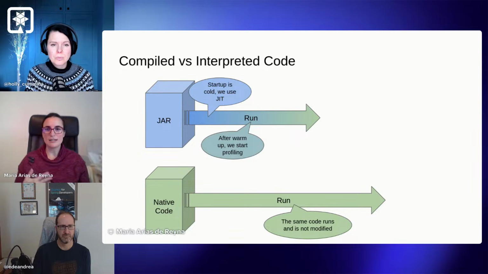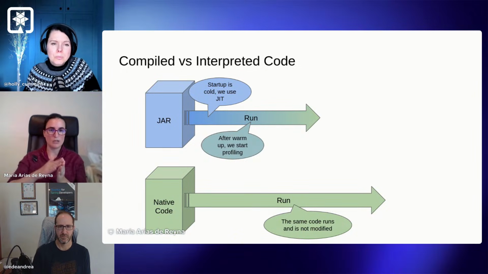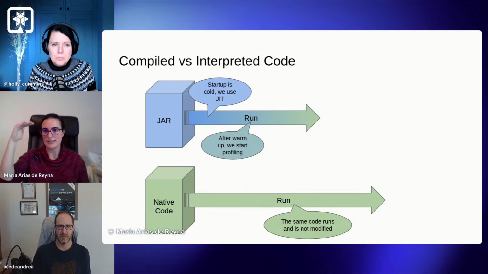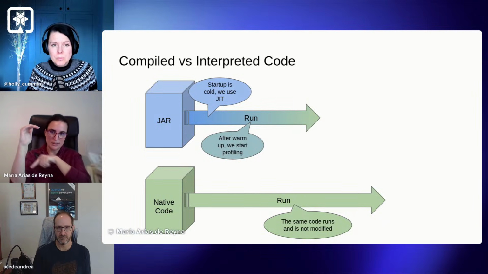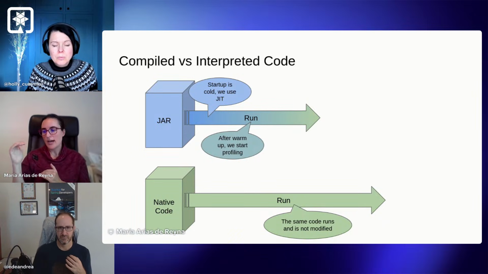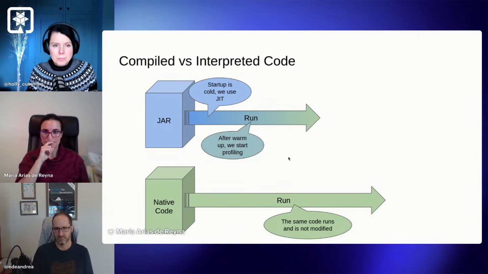It also gathers statistics on how the code is running, not only how many times. For example, if you have different branches of code, like a switch or if-else, it checks how many times you enter the first, second, third, or fourth branch. It gets these statistics so it can compile later based on them.